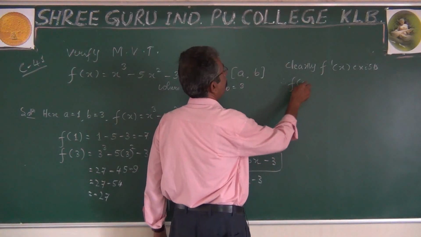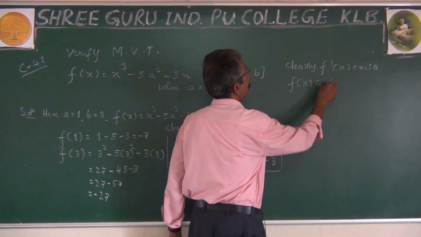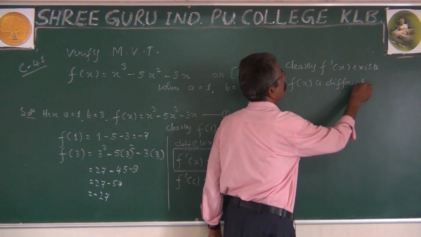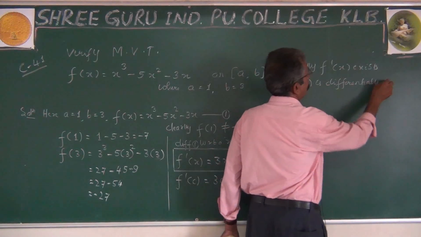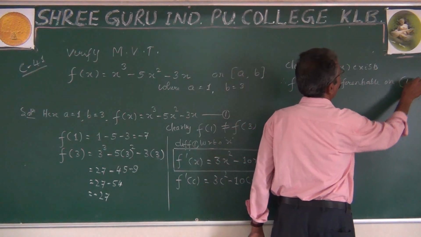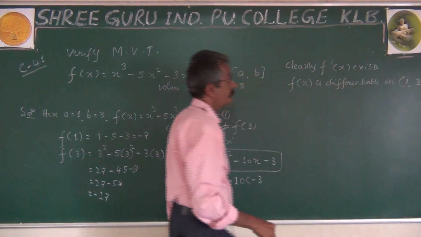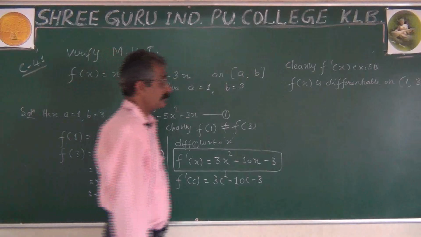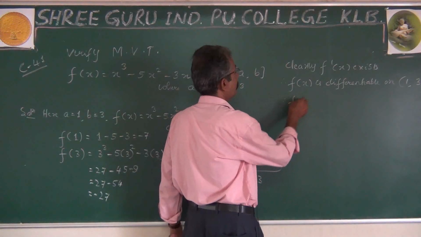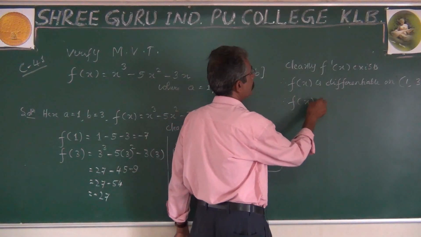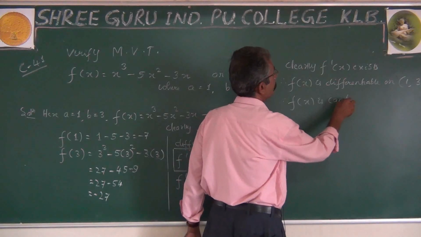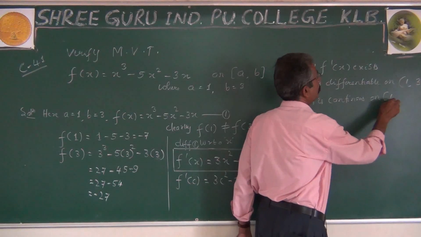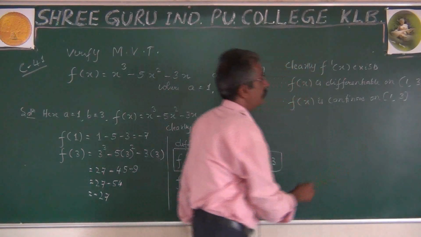Therefore, f x is differentiable on the open interval 1, 3. And every differentiable function is always continuous. Therefore, f x is continuous on the closed interval 1, 3.